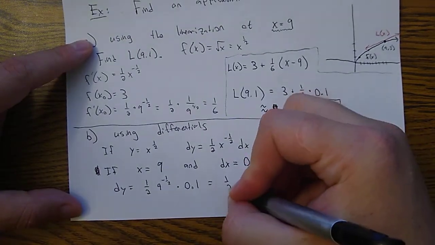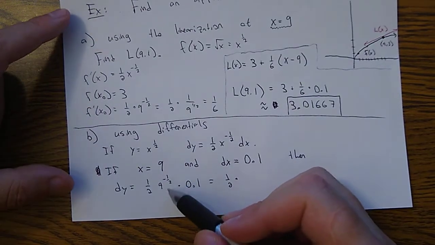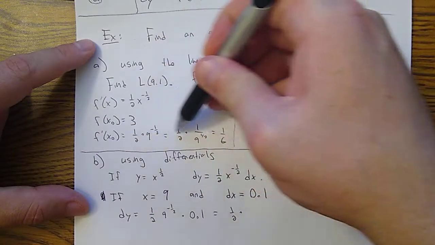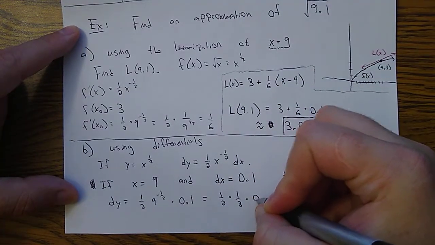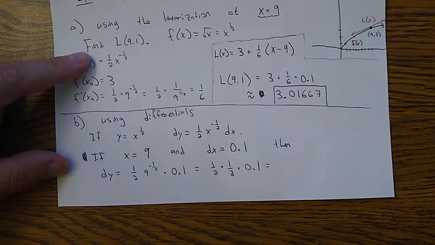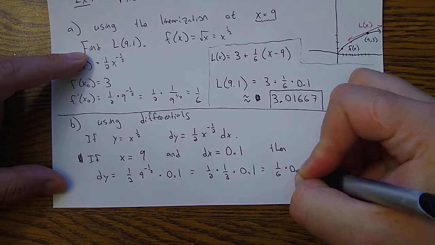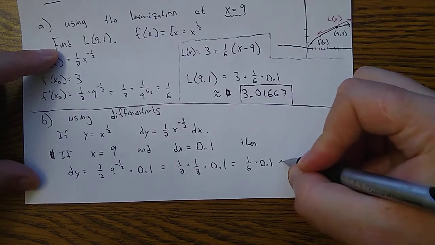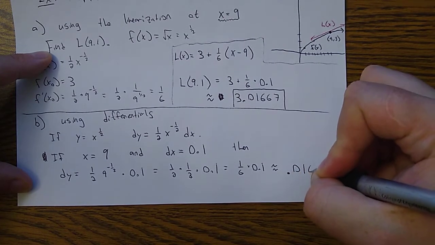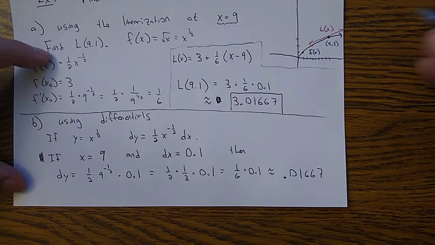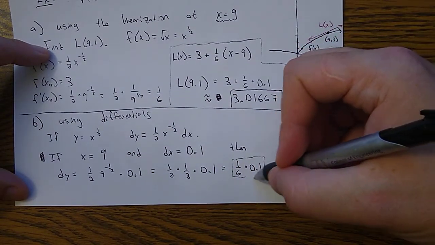So I get 1/2, and again, like you're probably having deja vu, we already did 9 to the negative 1/2. In fact, we did this up here. So this is giving me 1/6 times 0.1, which if I want an approximation is 0.01667. Again, we saw this before.